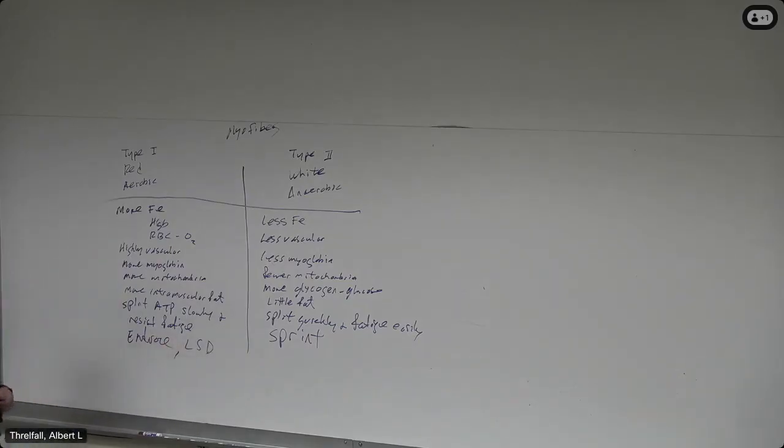LSD, and no, that's not the drug. Long, steady distance or long, slow distance. If you're moving slowly, whether that means you're jogging or you're walking, you can keep moving for hours.